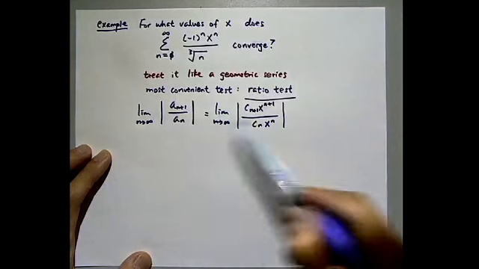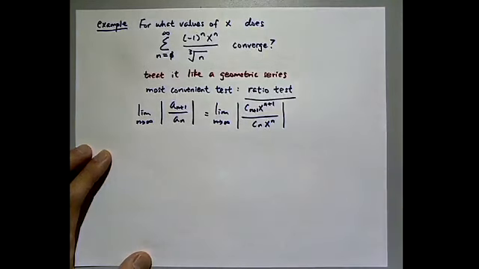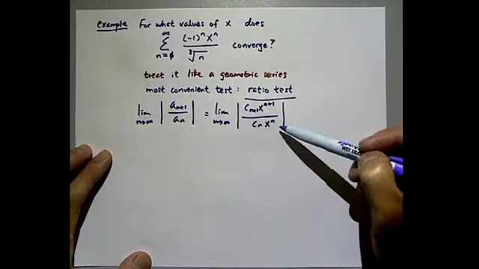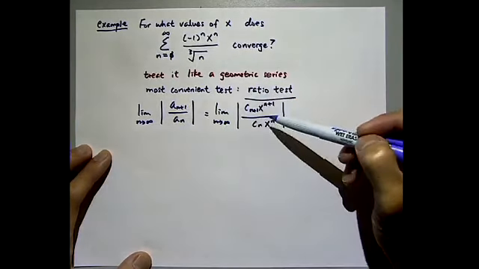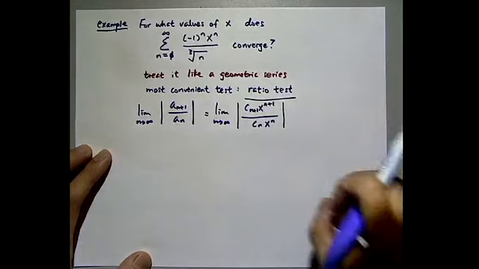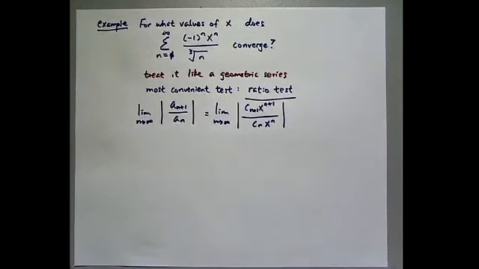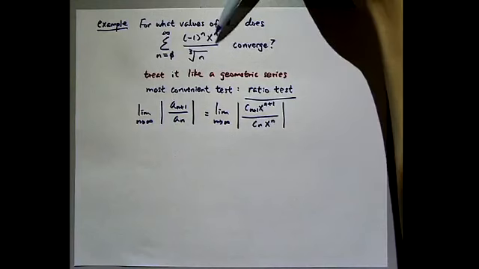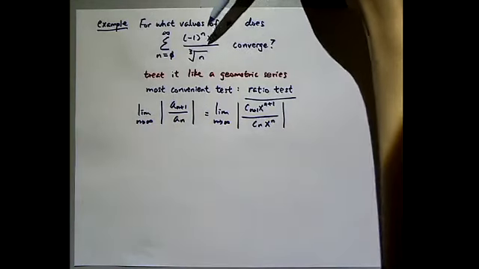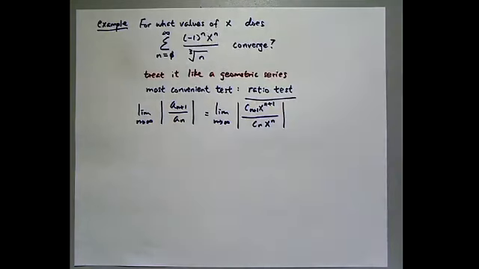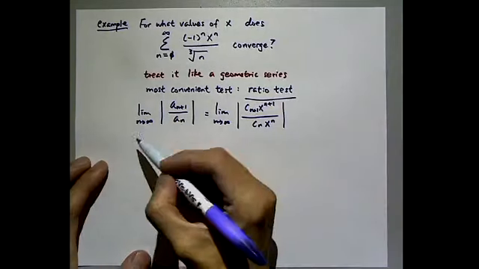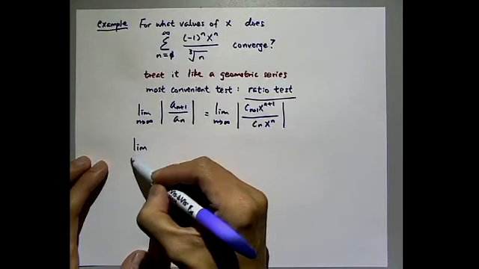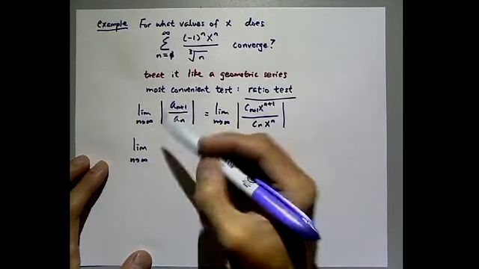So a_n becomes c_n x^n. That's the generic term in our power series. The next term down the road is, of course, all of these things with n changed to n plus 1. Basically, you just take that, change n to n plus 1, divide by the old thing, and then you figure out the convergence by making sure this is less than 1. Okay, so let's go ahead and do that.